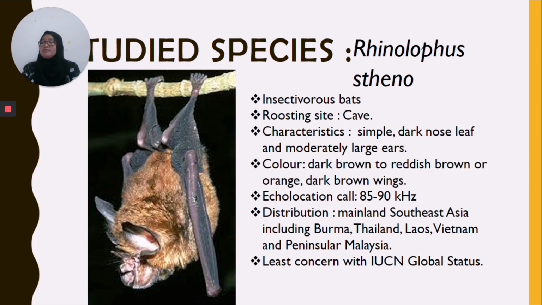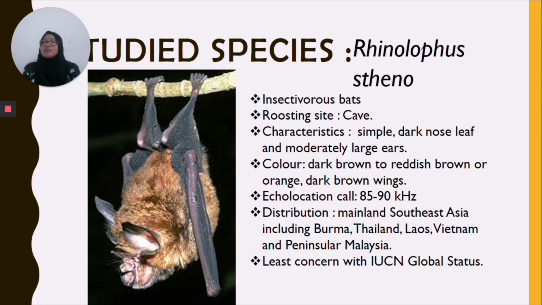Then Robinson 1996 has stated that the frequency of the echolocation call is approximately 85 to 90 kHz, while Kingston 2000 has stated that the echolocation call is at 86.1 kHz, with its forearm at 48.8 mm, both in Malaysia.